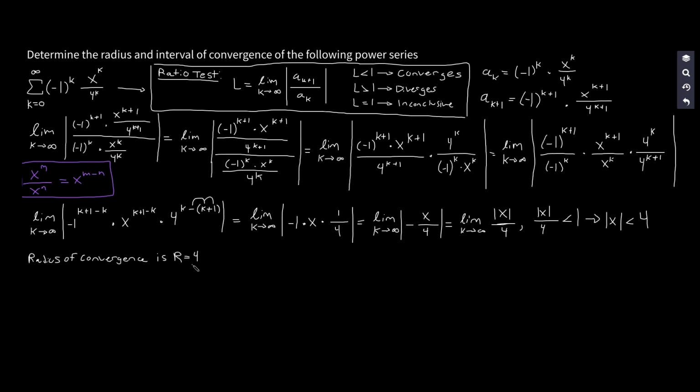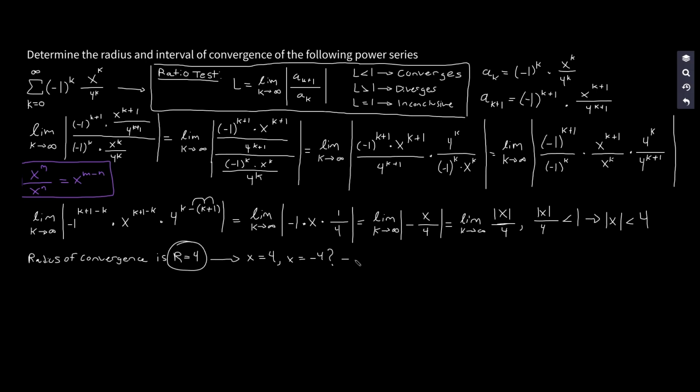And then now we have to check the endpoints. So what happens at the boundaries? 4 is the radius of convergence, but what happens at the endpoints? What happens when x equals 4 and what happens when x equals negative 4?